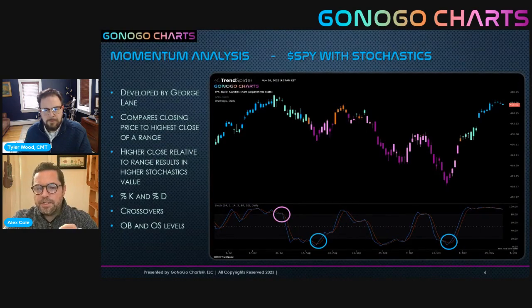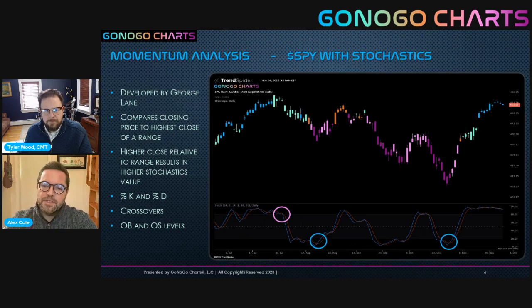But when we're looking at stochastics, we have two lines, and we can look at the crossovers between those lines for indication of waning momentum or increasing momentum. If we've got percent K crossing up over percent D, slightly bullish, or bullish, I should say. If we've got percent K crossing down over percent D, then that would be more bearish.